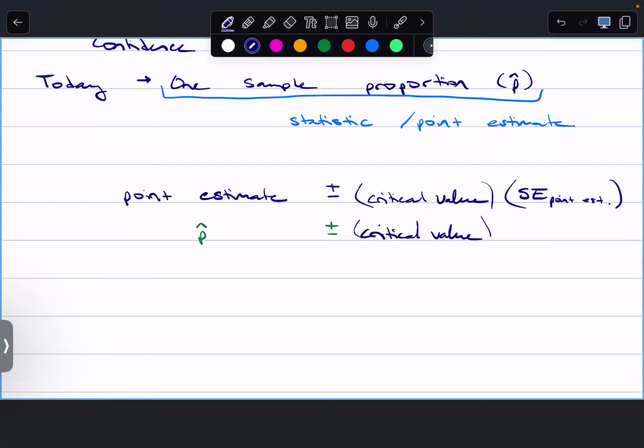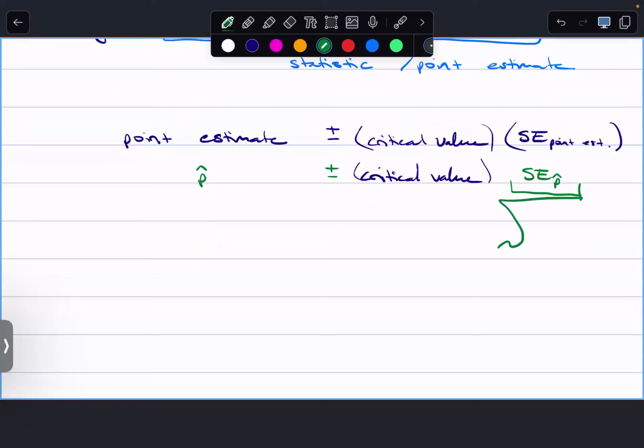Although you do, but we haven't talked about it explicitly. So I just want to hold off on that for a little bit. And then the standard error of p hat, this we established was the square root of p hat q hat over n.